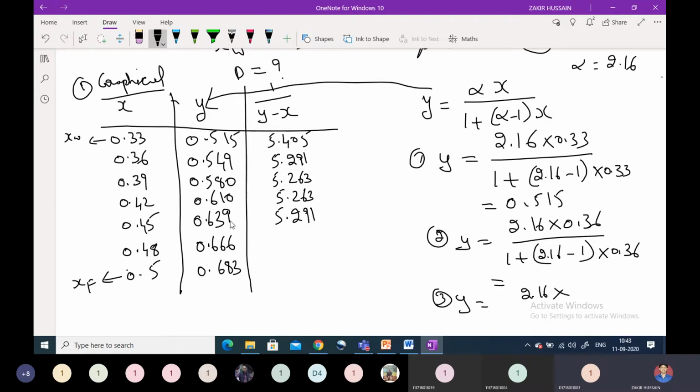I took 0.6338, sir. The fourth digit is 6, and since it is more than 5, we can round it to 0.639. So 5.291. Then 5.376, then 5.46. These are the values.